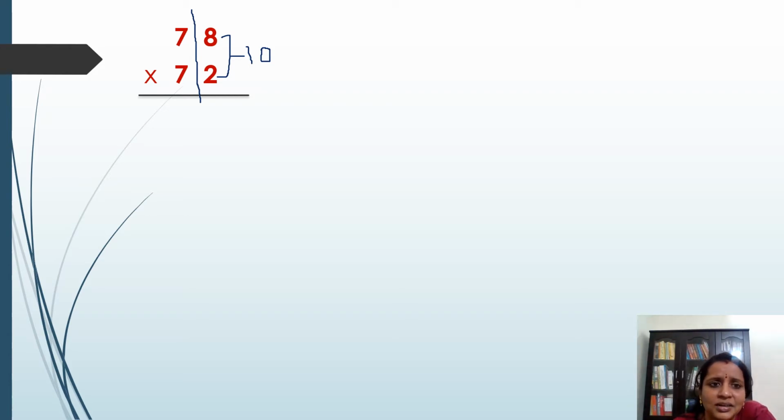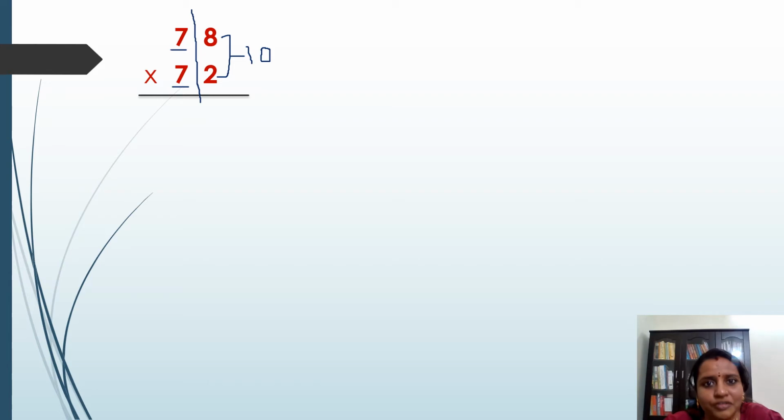And here, see here, the first digits are the same. The first number also has a 7 and the second number also has a 7. So this number is common. So we are going to apply this sutra for numbers where the initial digits are common and the last digits sum up to 10.